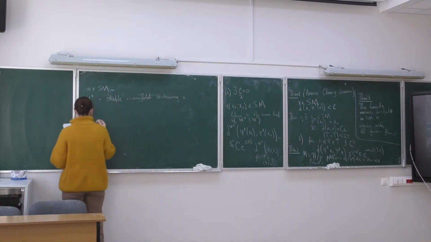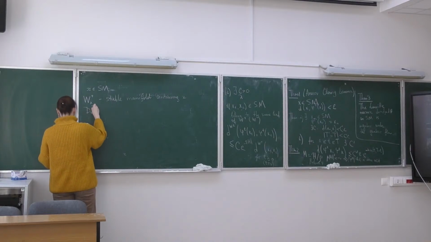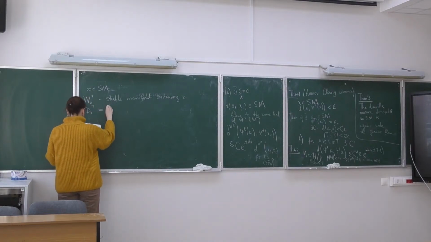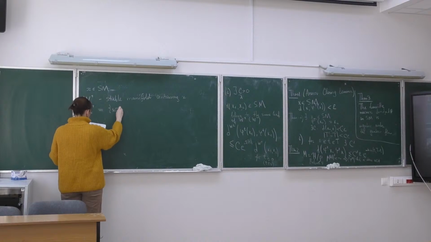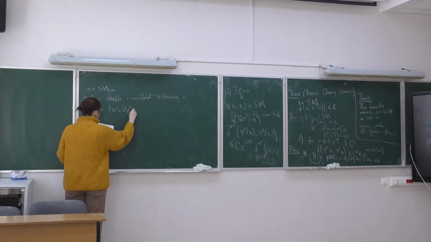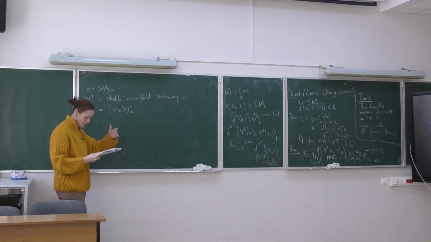Now, D plus x will be the set of points of this leaf of the stable manifold, exactly the leaf that passes through x.